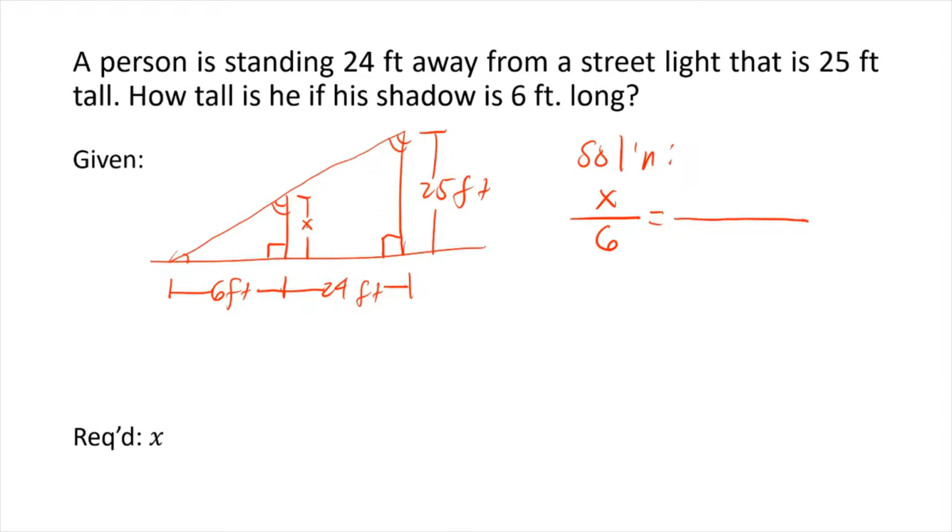So the corresponding side for x is 25 feet, and the corresponding side for 6 is the sum of 6 and 24, which is the base of the larger right triangle. Solving for x, we get 5 feet.